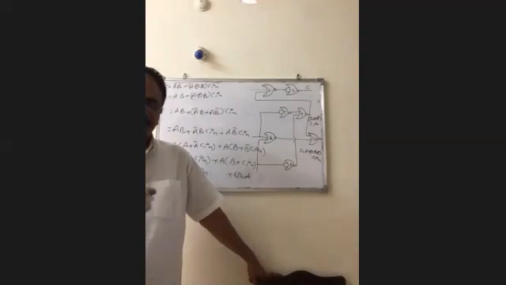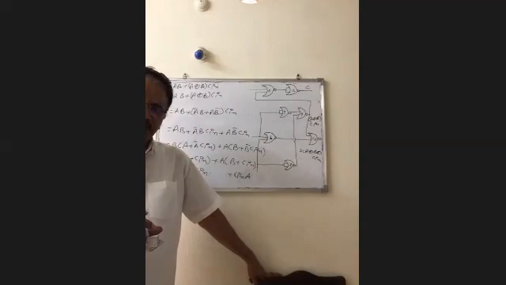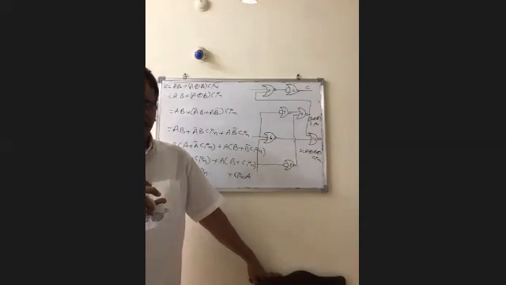Next we have to draw the function table. Next we have to write the output expressions. Next we have to obtain the minimal output expressions. Next you have to realize it by using AND, OR and exclusive OR gates. And it can also be realized by using only NAND gates. It can also be realized by using only NOR gates.